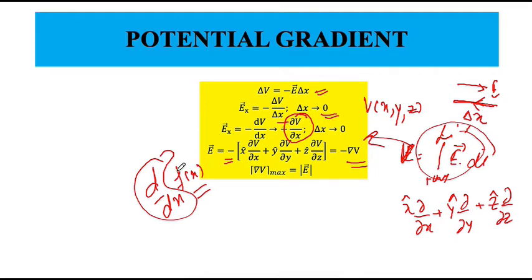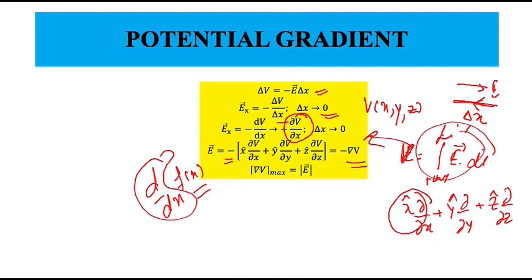Okay, similarly you will have direction-dependent partial derivatives: the partial derivative along x will give you the x component, the partial derivative along y will give you the y component, and similarly the partial derivative along z will give you the z component.